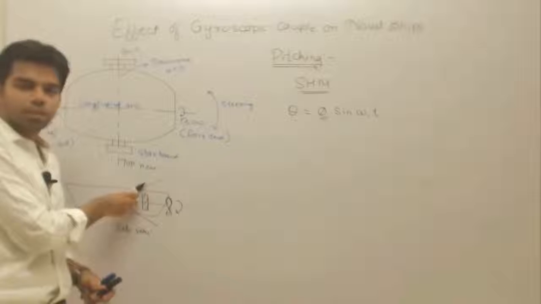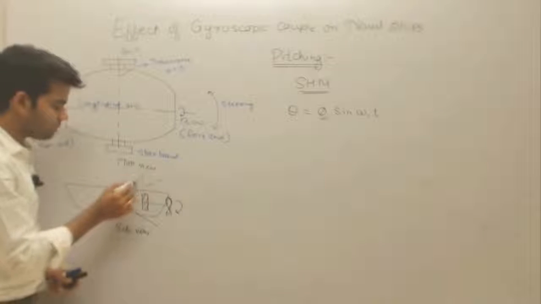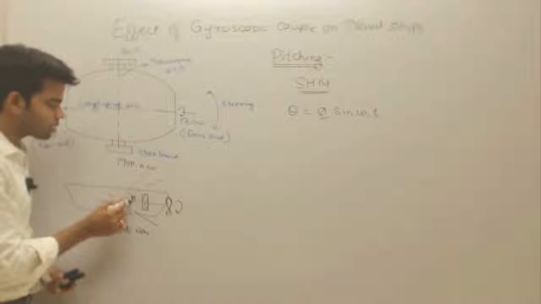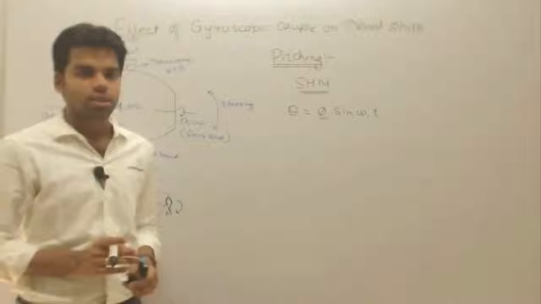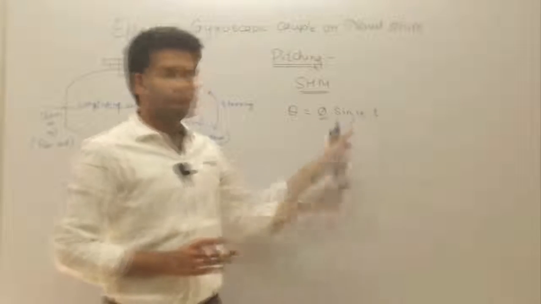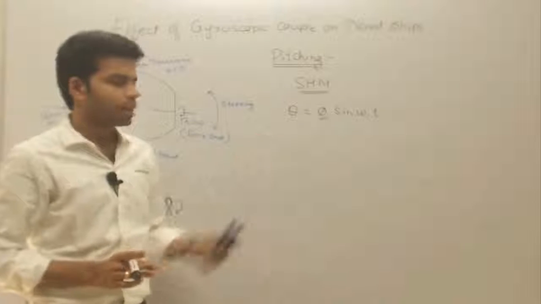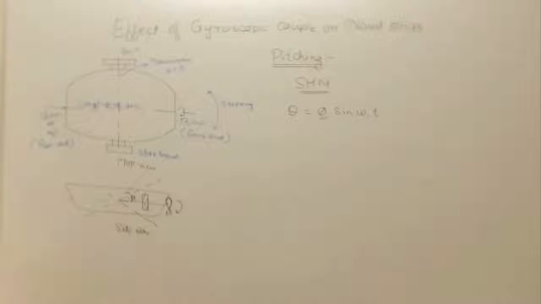Amplitude means the maximum angle to which this is turning. The maximum angle to which this is turning is nothing but phi. Omega 1 is the angular velocity and t is the time. So theta is equal to phi sine of omega 1 t.